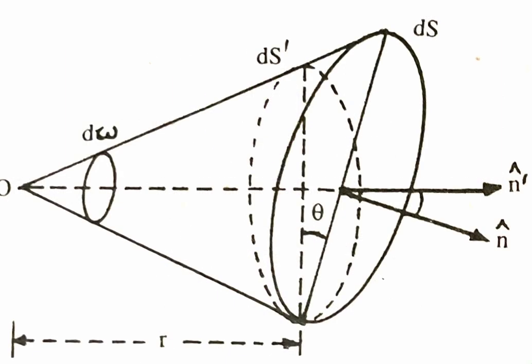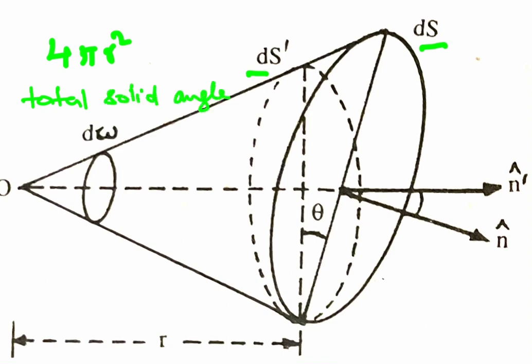So in this figure, ds and ds prime subtend the same solid angle, and since the total surface area of the sphere is 4 pi r square, therefore the total solid angle will be equal to 4 pi r square by r square, which is equal to 4 pi.